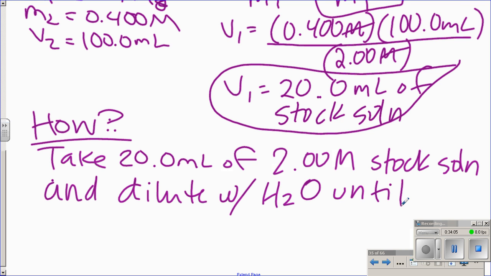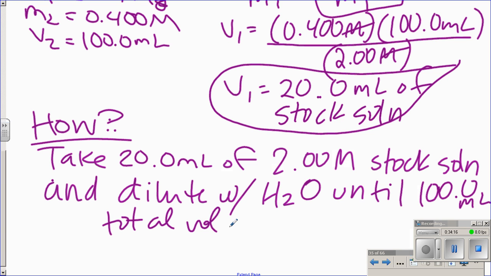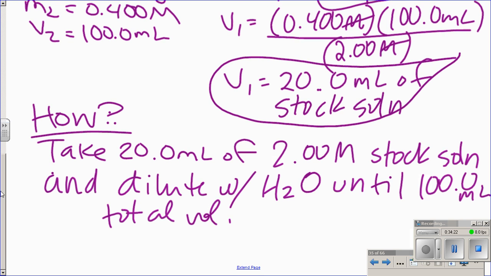So I'm taking the 20 mL of the stock solution, diluting with water until 100.0 milliliters total volume. So how much water am I actually adding? 80. I have my 20 of this concentrated stuff I'm starting with. I add 80 milliliters of water to make a total volume of 100 milliliters.